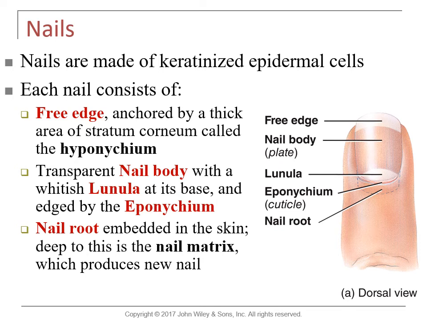So we have the free edge, so this part is going to be the free edge, this is going to be the nail body, and we have the nail root. The nail root is under here, and then it's going to be right below the skin here, okay? So the nail body, or plate, is the visible portion of the nail.